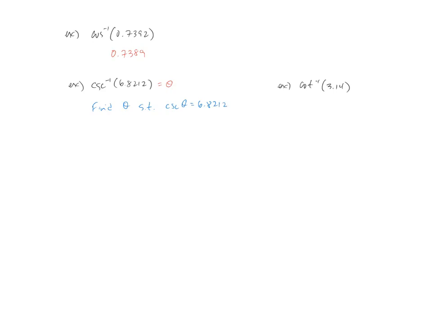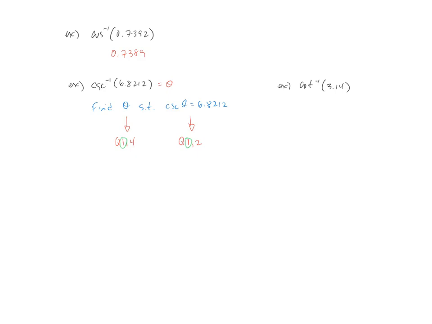Okay, so theta has to be found in either quadrants 1 or 4 for inverse cosecant, and cosecant is positive in quadrants 1 or 2. So it looks like our angle that we're going to be searching for is going to be in quadrant 1. So that's important to remember. We want to make sure our calculators don't lie to us.